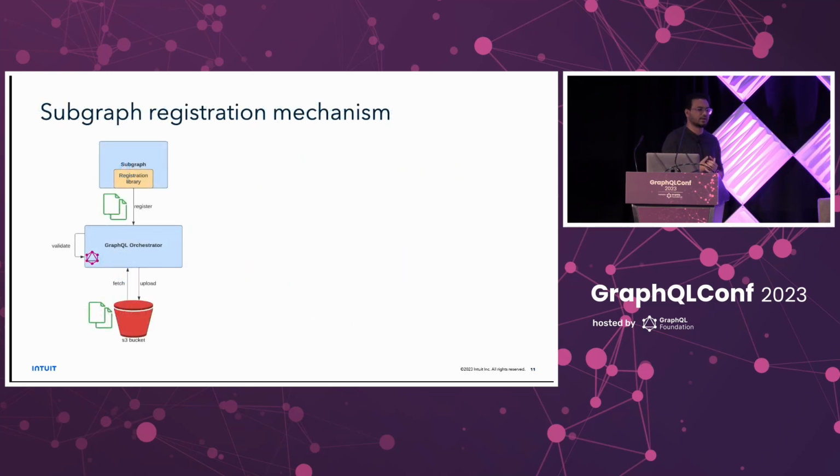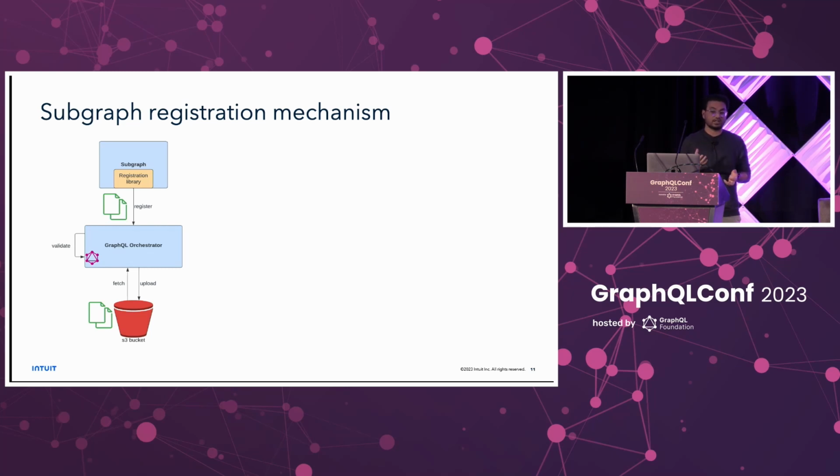Now, let's start with the subgraph registration. We have a very simple registration mechanism where we created a registration library for the subgraphs to consume. What this library does is, at startup, it will call the orchestrator's register endpoint. It will send the files to the orchestrator, the schema files and the routing files, for validation.